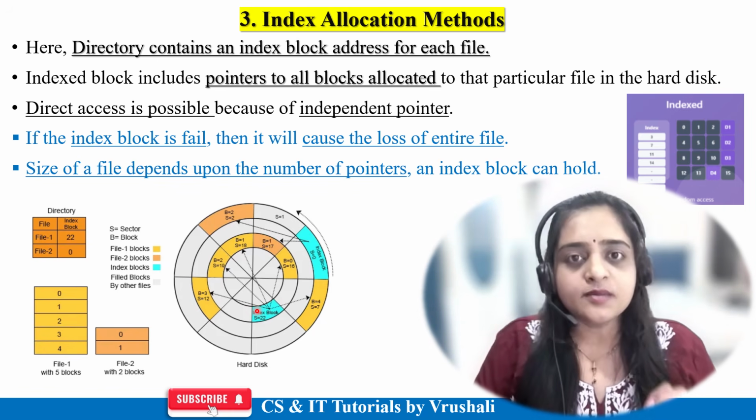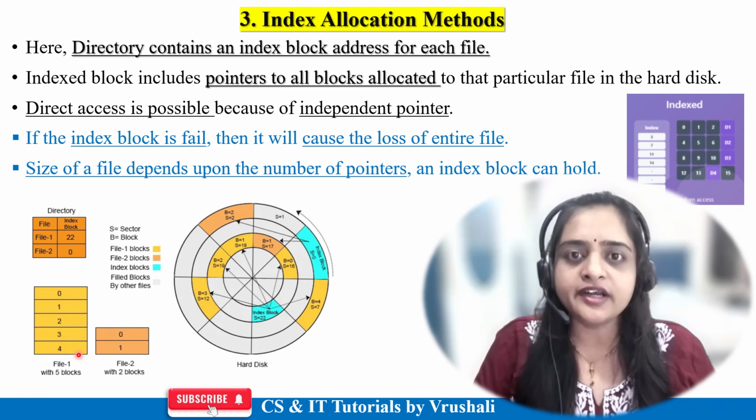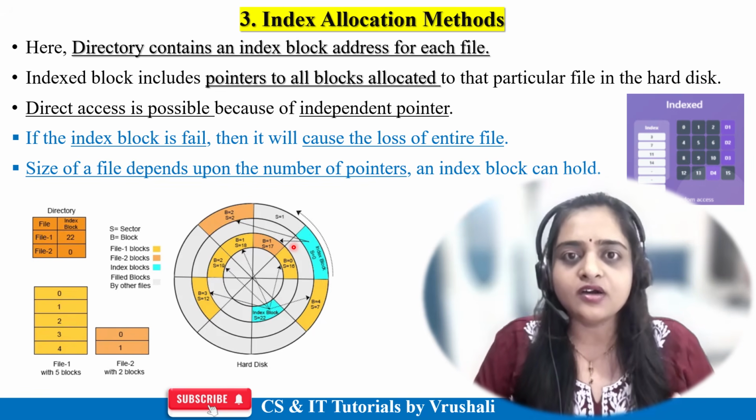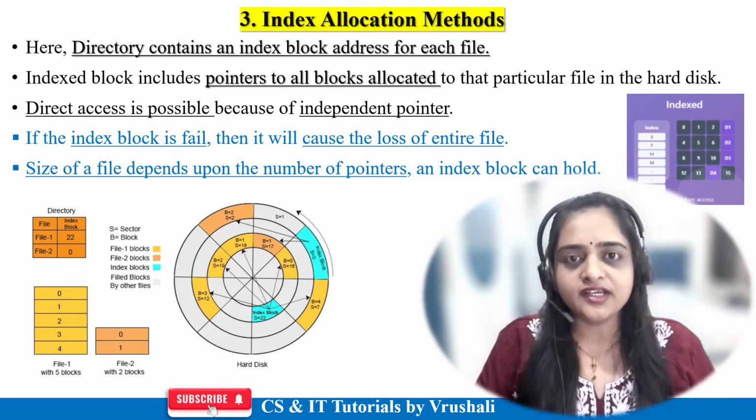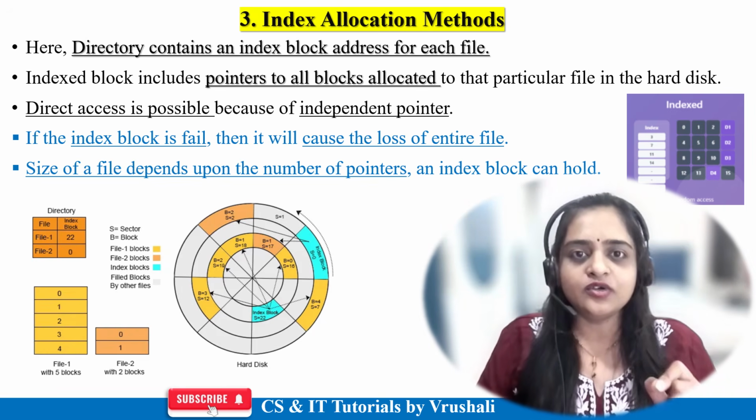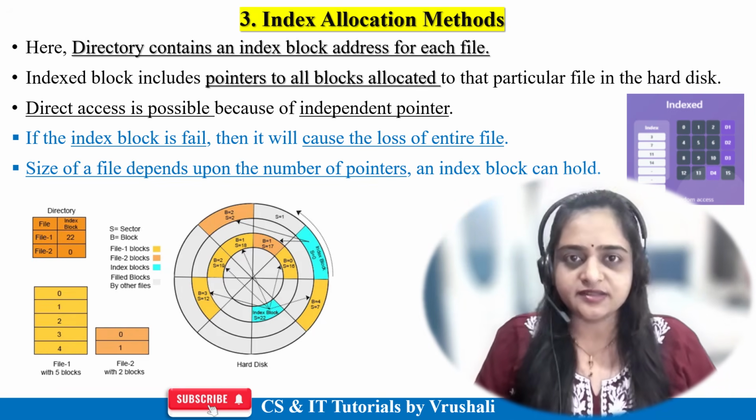Suppose a particular file requires 100 blocks, so 100 pointers are necessary, and they occupy too much space. So this is the disadvantage of the index allocation method. But the advantage is that direct access is possible because independent pointers are there. Got it? So this is called the index allocation method in operating systems.